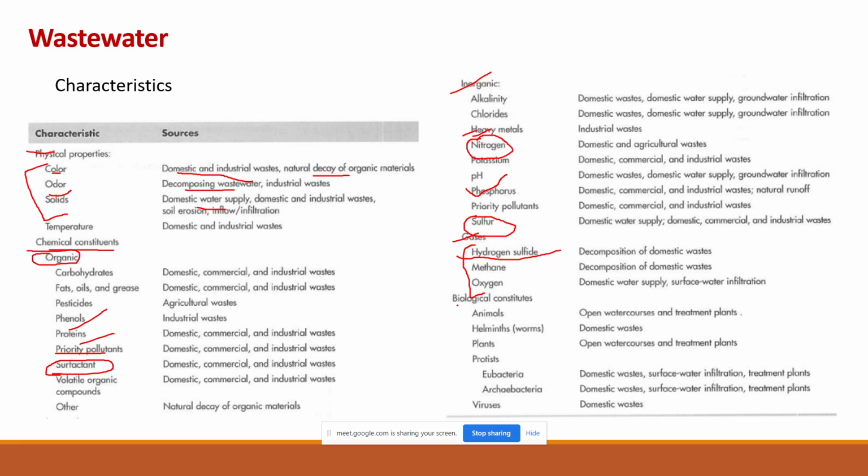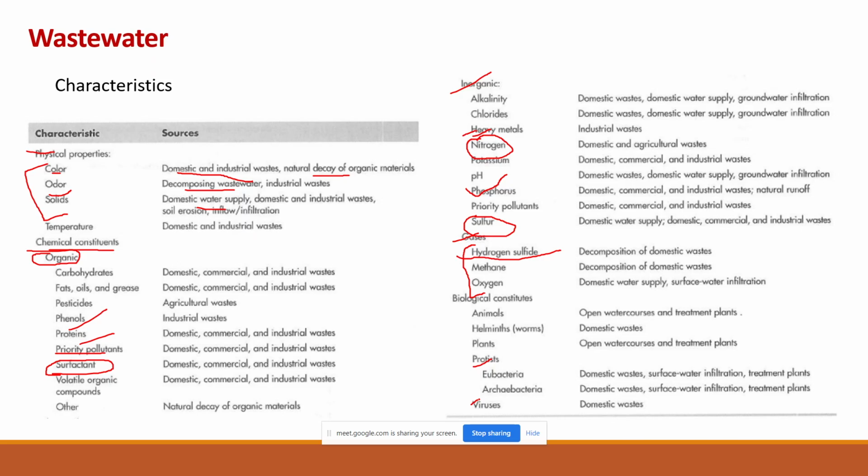Then after physical and chemical characterization, you have biological constituents. In biological, as we just discussed, there are different infectious agents. There could be bacteria, there could be viruses, so there can be different microorganisms.